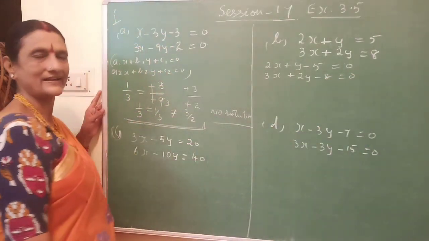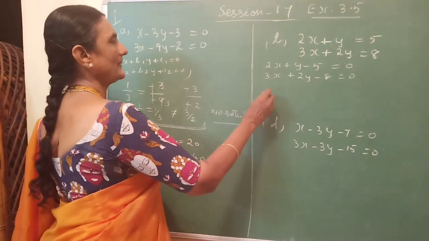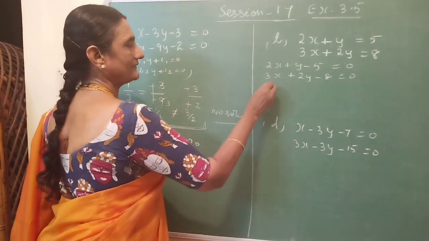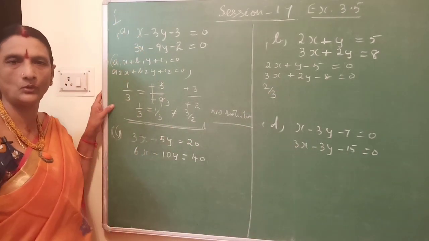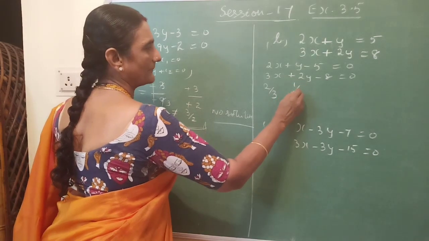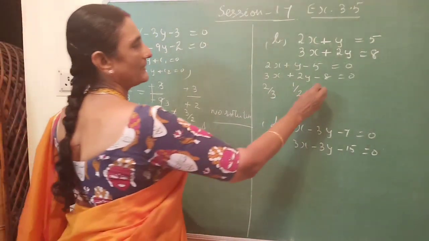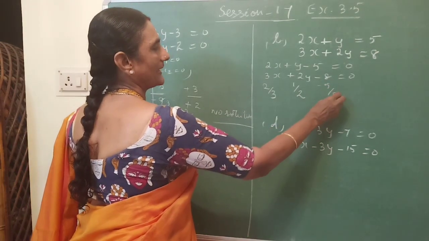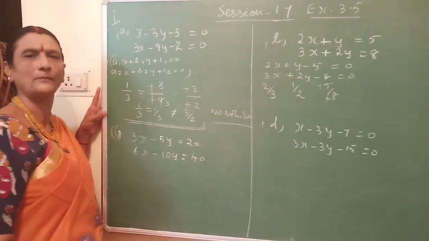What is A1 by A2? 2 by 3, the coefficient of x in both. What is B1 by B2? It is 1 by 2. What is C1 by C2? It is minus 5 by minus 8. So both the negatives will get cancelled to make it positive.